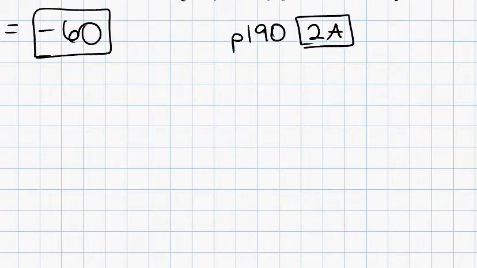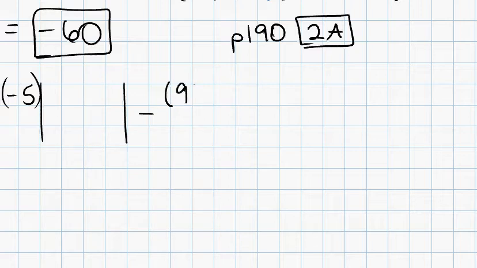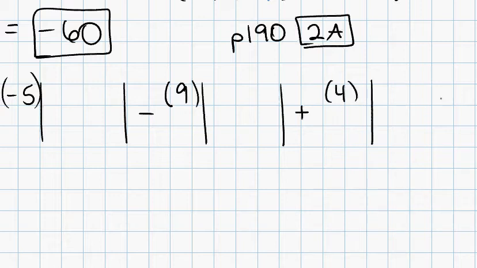Okay, problem 2a. I would use the first row. So I would have a negative 5 times a 2 by 2 minus 9 times a 2 by 2 plus 4 times one more 2 by 2.